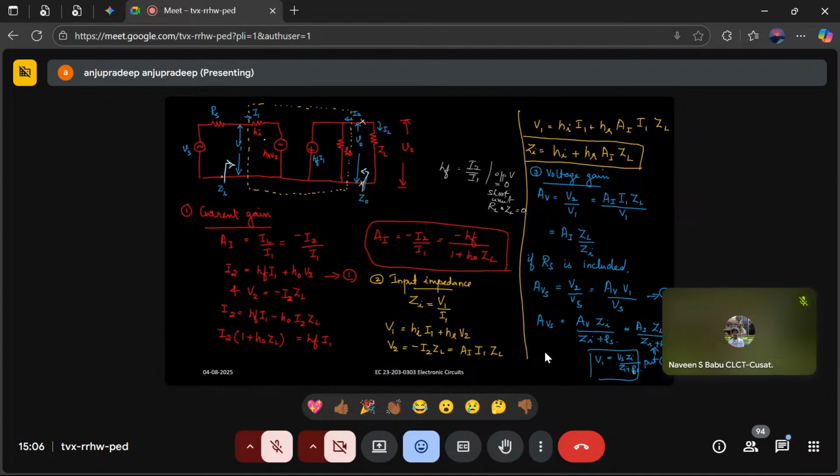So till now we were looking only from here, just outside, at what is happening with respect to that yellow box. That means RS was not considered at all. So if you consider RS, you have to put a subscript, AVS. AVS means output voltage by input voltage Vs. Now, why do you have to define such a thing?